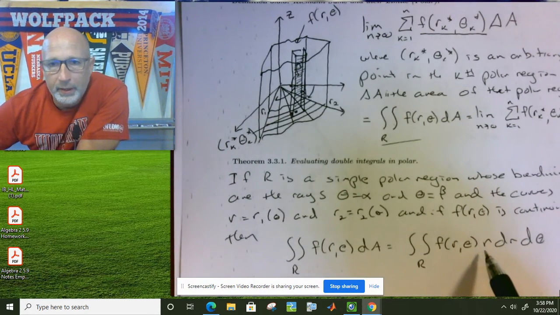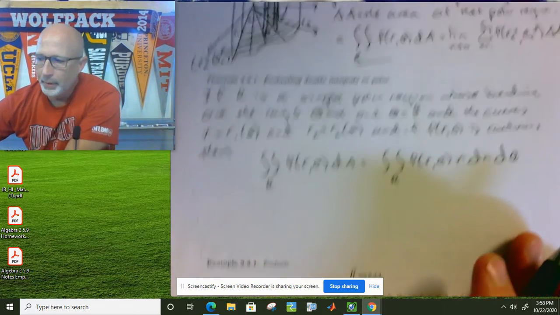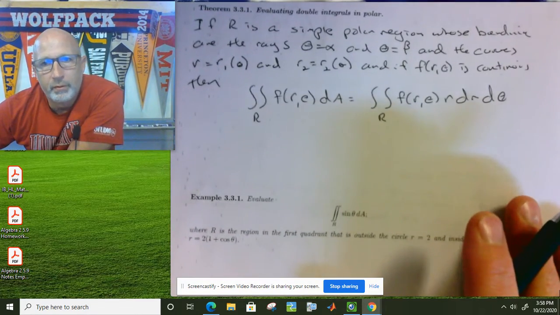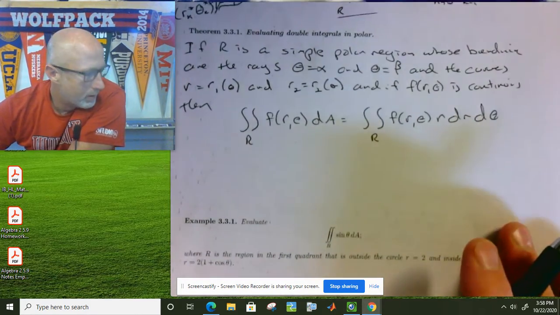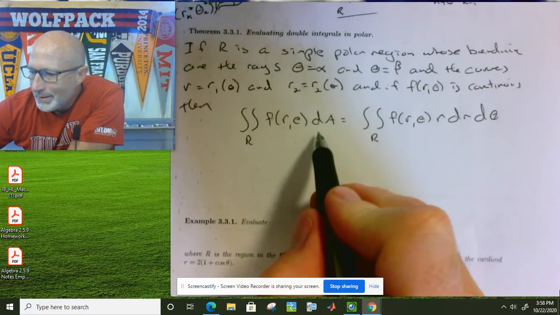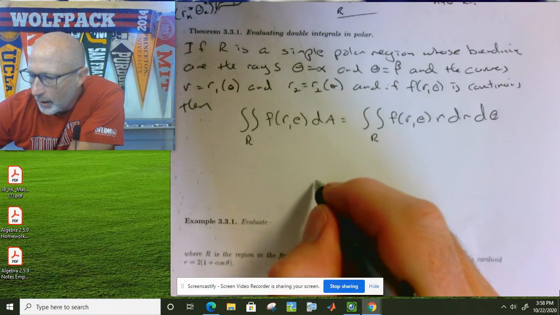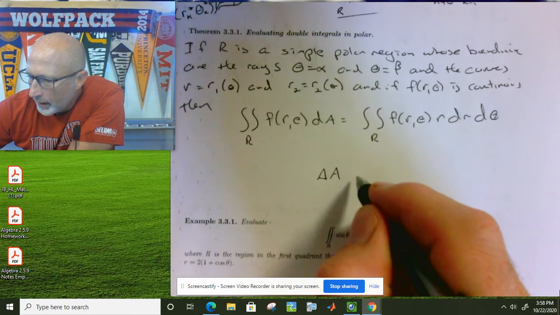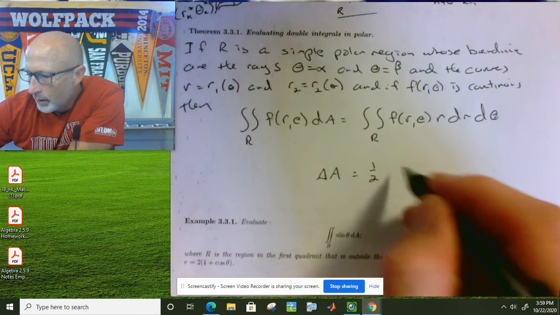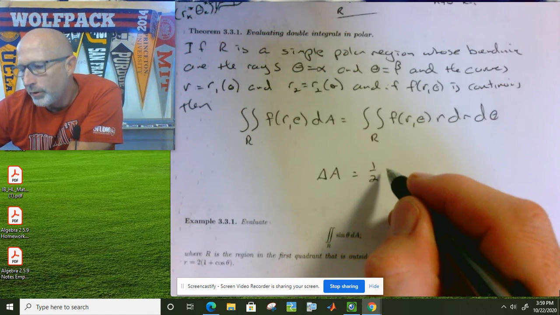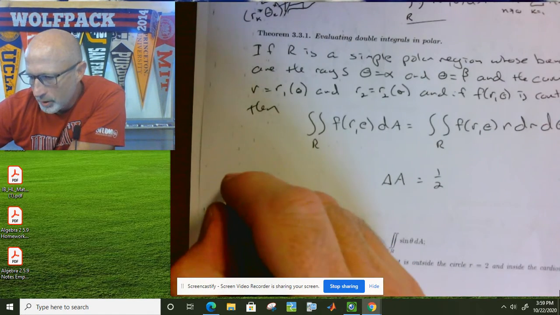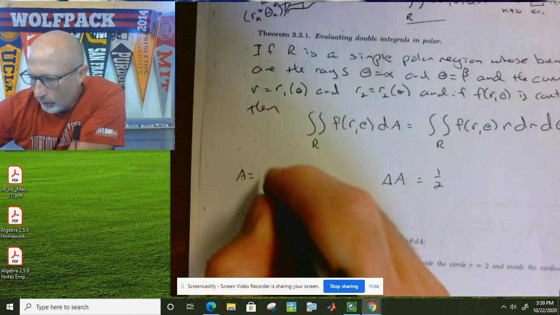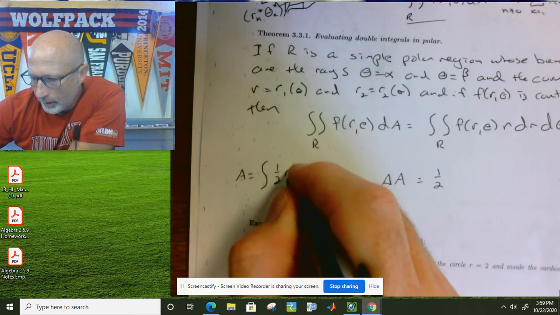I'm not going to go through a whole big explanation. I did this in class a little bit, but it all has to do with the formula for finding the area of a polar region. If we take a look at what dA is, dA comes from delta A, and the area of a polar region is 1/2 r squared d theta.